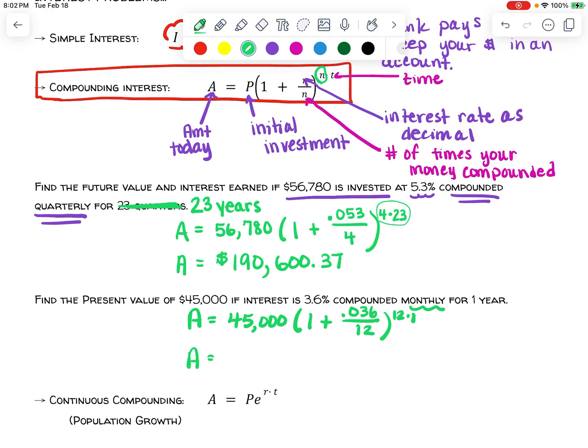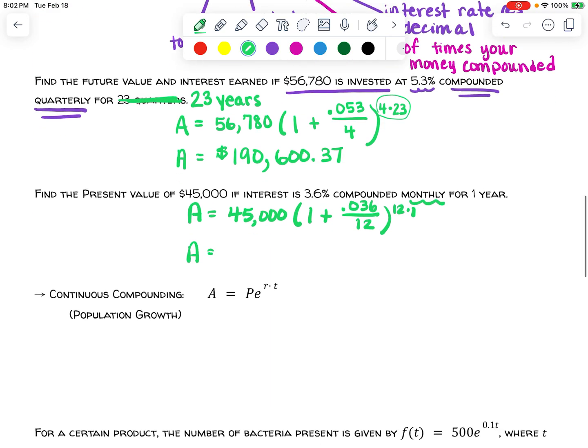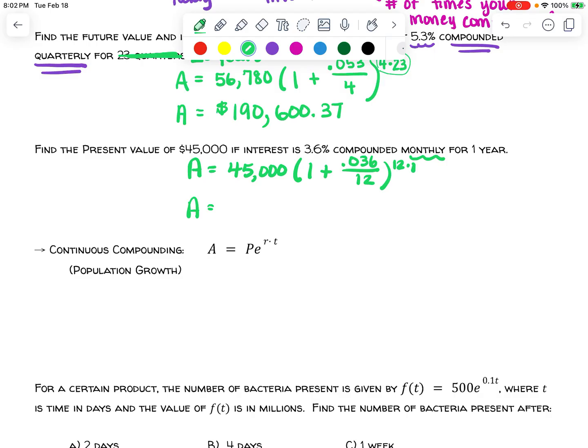Okay. Now, continuous compounding. This is PERT. Okay. This is usually for population growth or decay. Okay. P is the initial amount. Okay. R, it could be your interest rate.